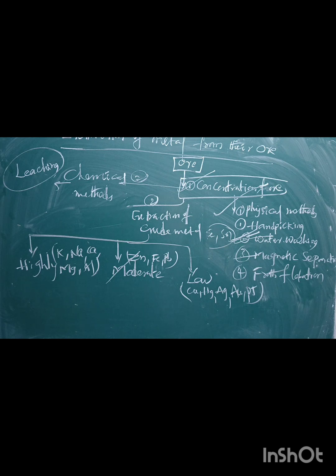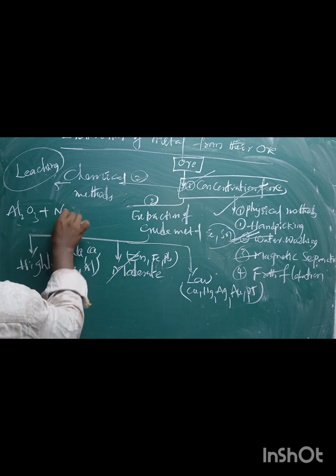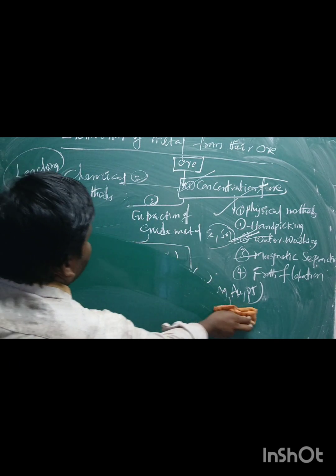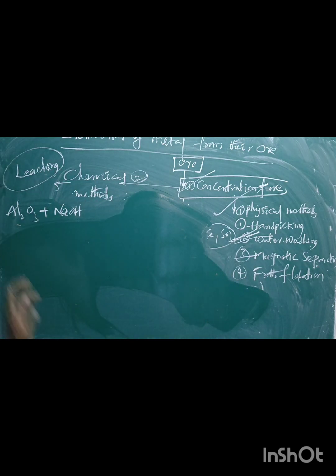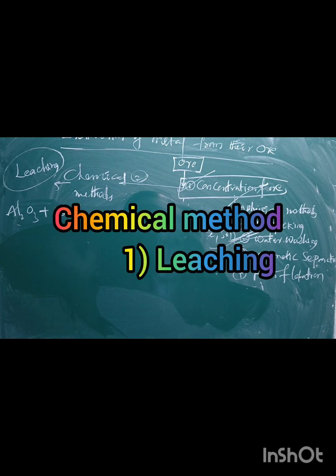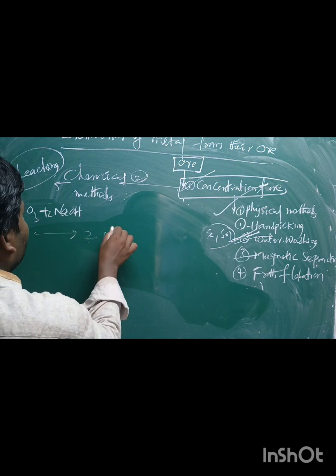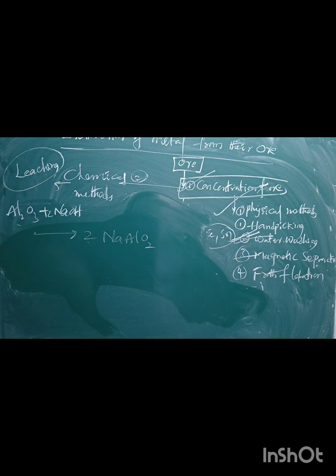That means simply here aluminium oxide Al2O3 reacts with sodium hydroxide. Now what happens, sir? Aluminium oxide reacts with sodium hydroxide to form sodium aluminate. It is further treated with water.